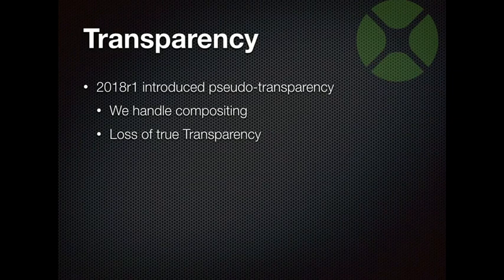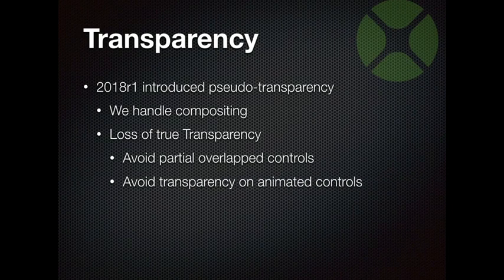Some of the downsides are that we lose true transparency. So if you partially overlap two controls, that no longer works. So avoid that. Avoid transparency on animated controls. And we decided on this model because WinForms uses it and it seems successful.